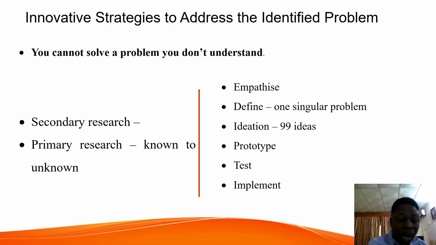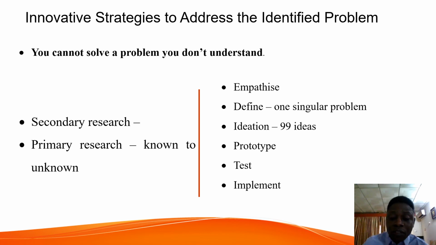That's the first angle. That's the first strategy. The second one is the primary research, known to unknown. You will go back to the community, to different communities, and say, this solution, this is what we have been able to produce, we have been able to come up with. This is the product, this is the service. Will it meet your needs?